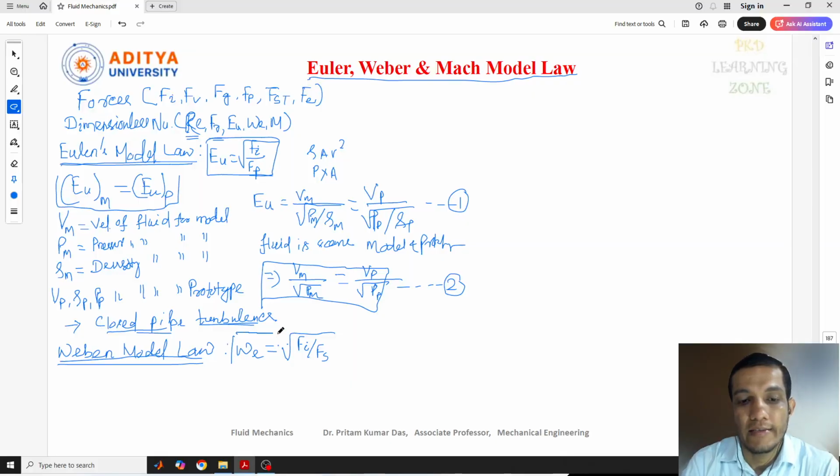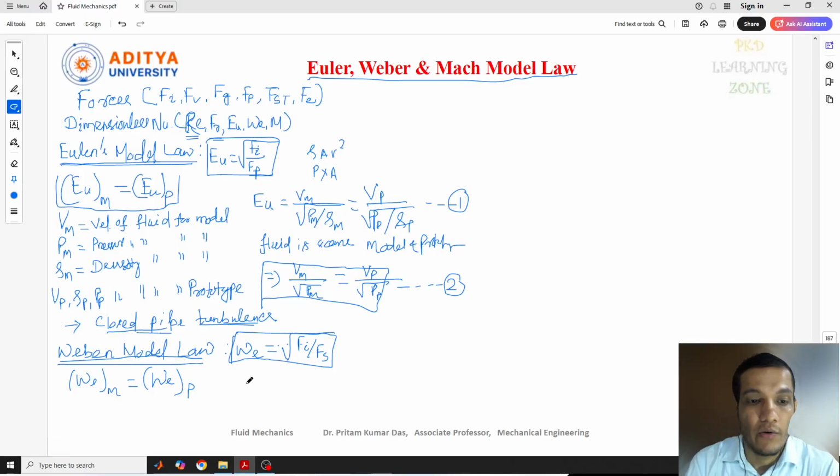When you are considering this model law, the Weber number for the model should be equal to the Weber number for the prototype. In this derivation also we have calculated the inertia force, this is the value, and the pressure force, this is the value. Similarly, surface tension force will be surface tension into length.